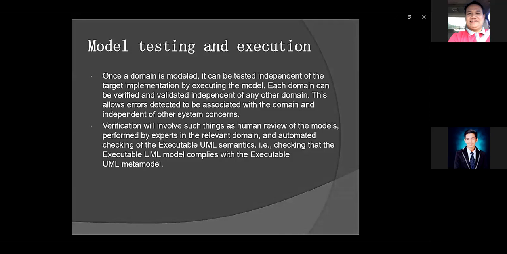Verification will involve such things as human reviews of the models performed by experts in the relevant domain, and automated checking of the executable UML semantics, checking that the executable UML model complies with the executable UML meta model.